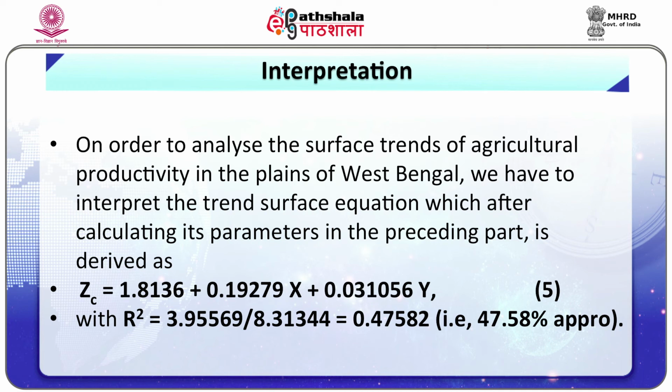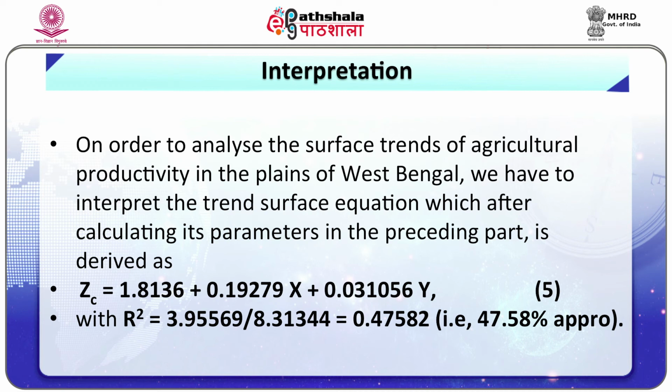Using this result, we can get the multiple linear equation for the TSA of agricultural productivity as ZC equal to 1.8136 plus 0.19279 x plus 0.031056 y.